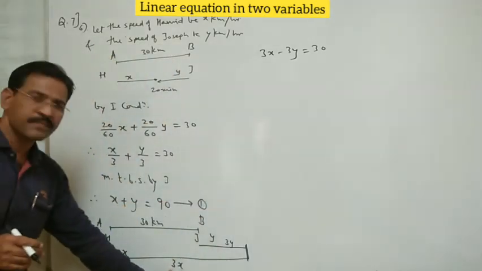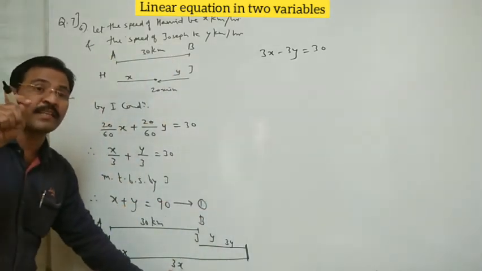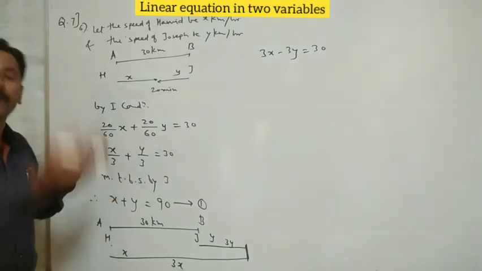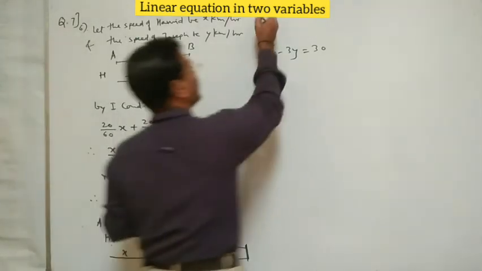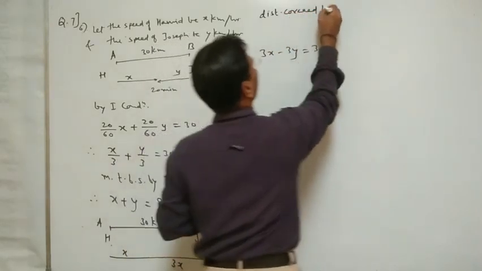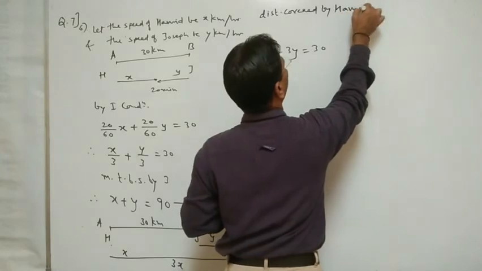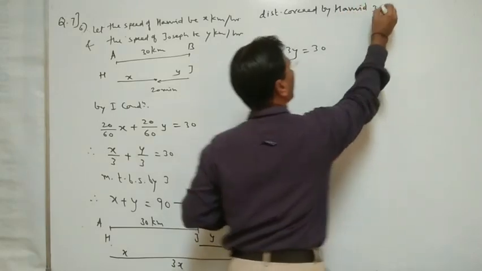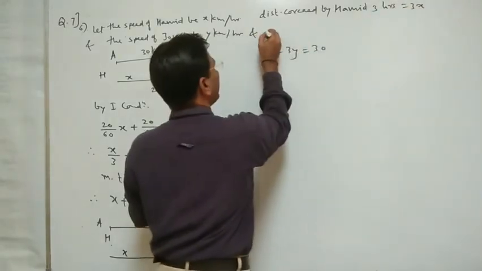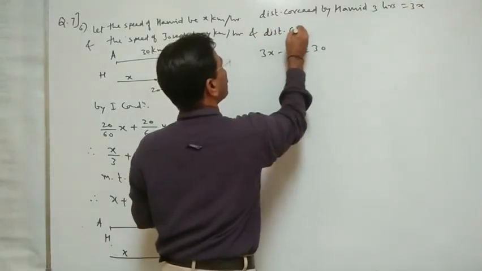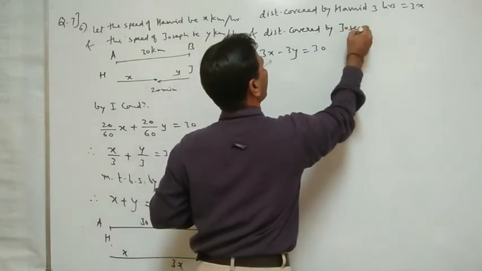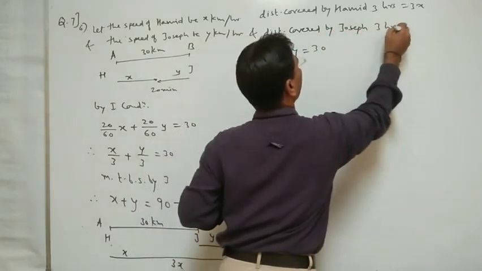This 3x is nothing but the distance covered by Hamid in 3 hours. And 3y is the distance covered by Joseph in 3 hours.